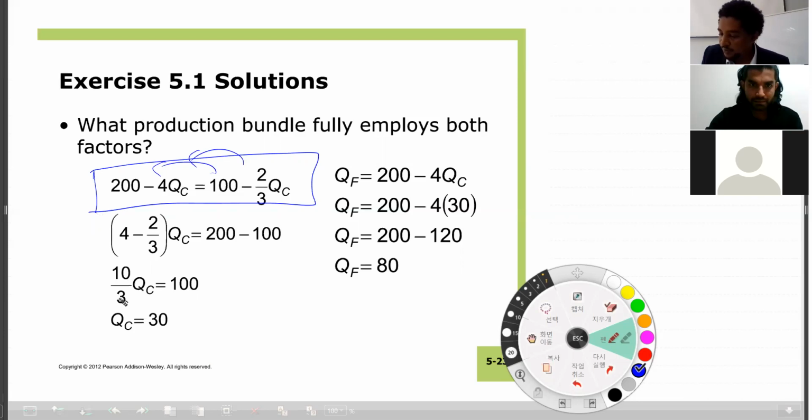Then 10/3 QC is equal to 100. So QC is equal to 30, all right?